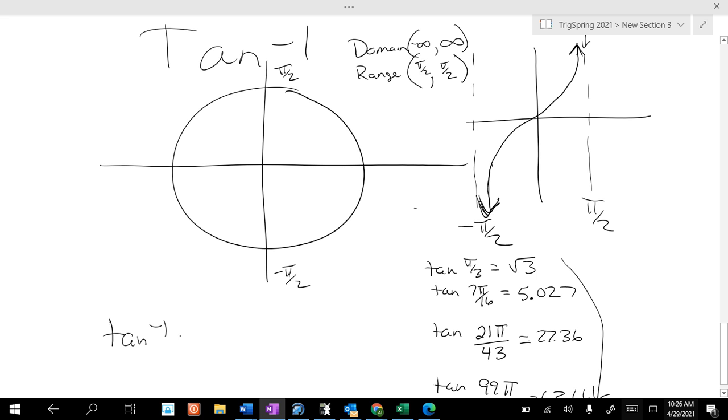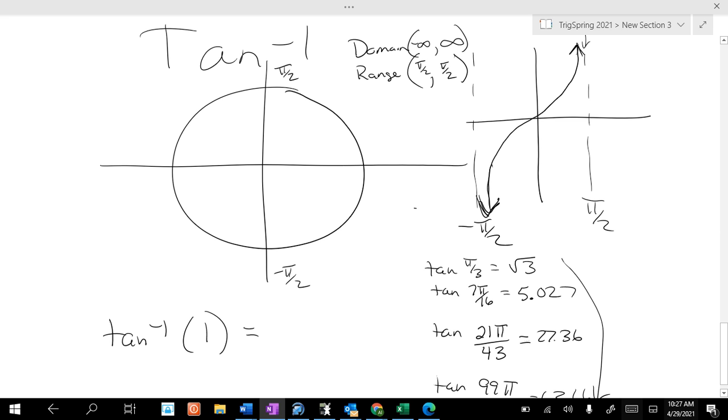What is the inverse tangent of 1? Don't shut it out, Ellie. Think about it. What is the inverse tangent at 1? Where would you go to get a tangent of 1?